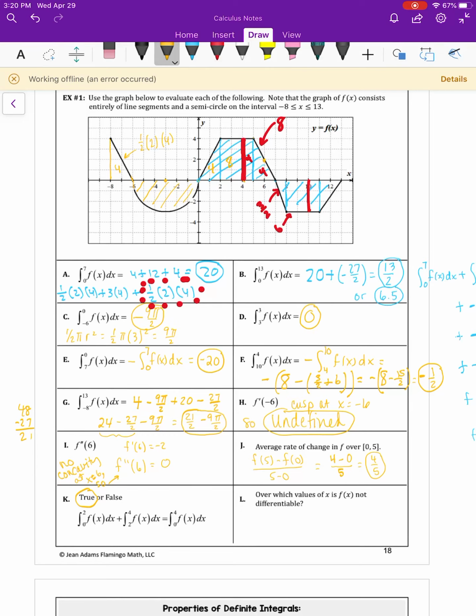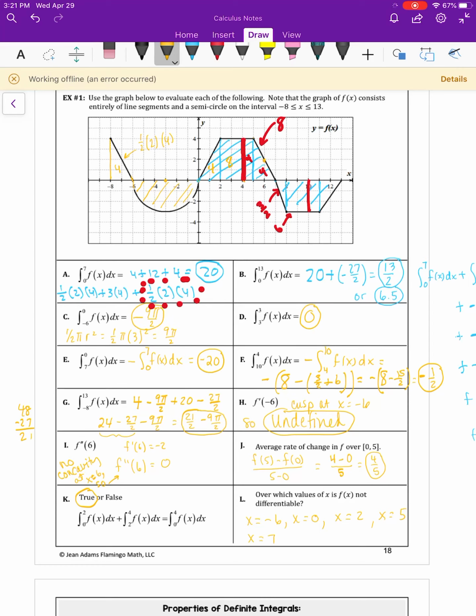That's true. Over which value or values of x is f of x not differentiable? Well, we said that it was not differentiable at x equals negative 6 because there was a cusp. Then at x equals 0, you also have a cusp, because it goes from being like that circle to a straight line. At x equals 2, you have a corner.